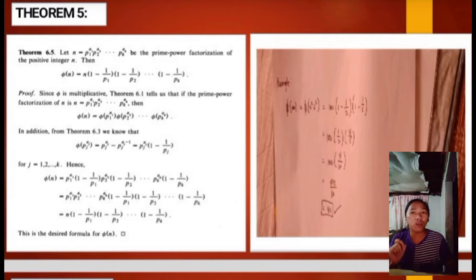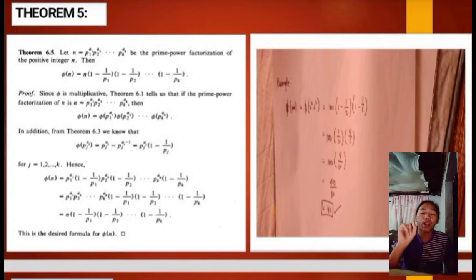Then our p sub 1 here is 2, so (1 minus 1 half), multiplied by (1 minus 1 fifth), since our second prime is 5. Next, bring down 100, then 1 half, because 1 minus 1 half is 1 half, then 1 minus 1 fifth is 4 fifths.